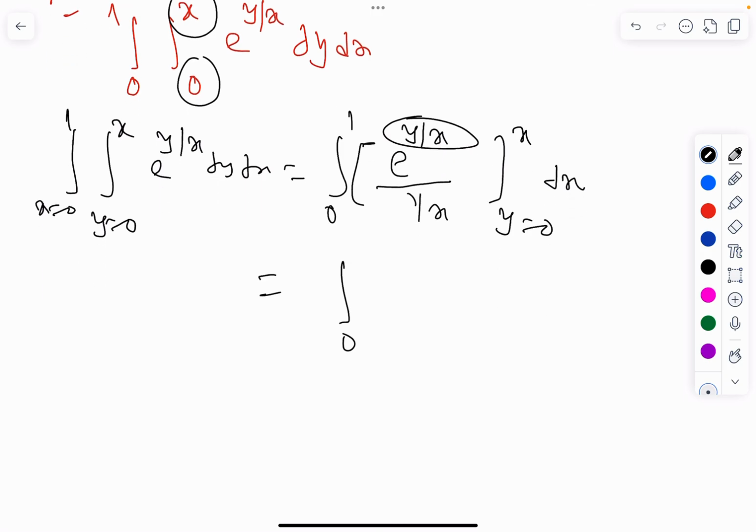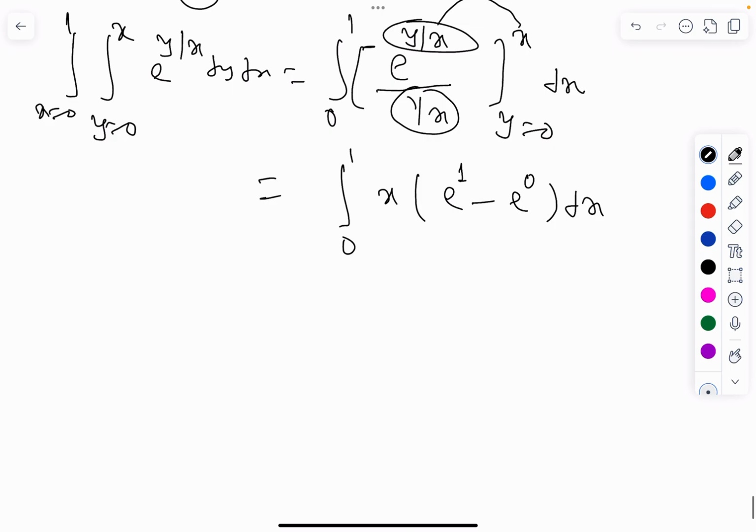This is the integral from 0 to 1 of x times, at y equal to x, e power x by x, that is e power 1, minus, at y equal to 0, e power 0, which is 1. So this is e minus 1.